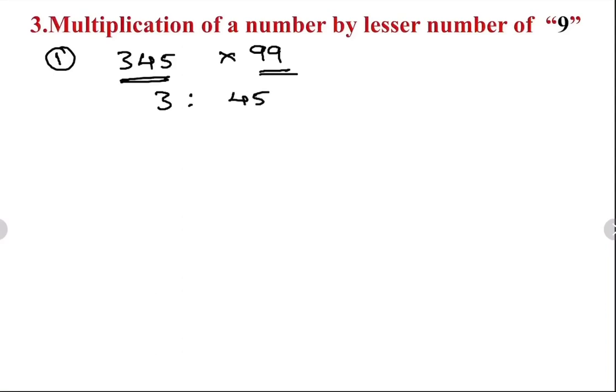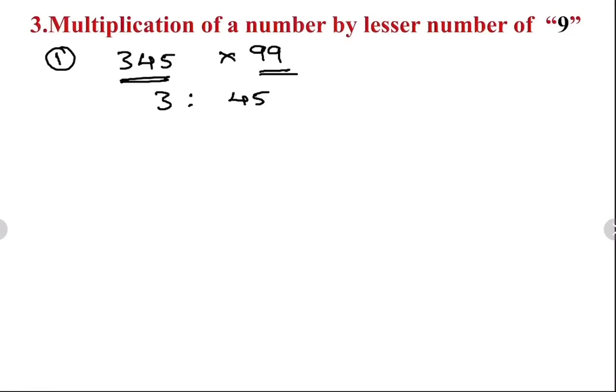Now, another example, multiplication of a number by lesser number of 9. For example, if you take 345 multiplied with 99. Here, the given number has 3 digits and the number having 9s has 2 digits. So divide the given number in such a way that the right hand part should have 2 digits, equivalent to the number of 9s.